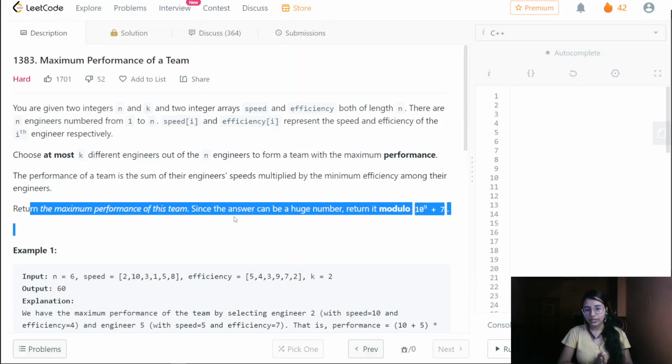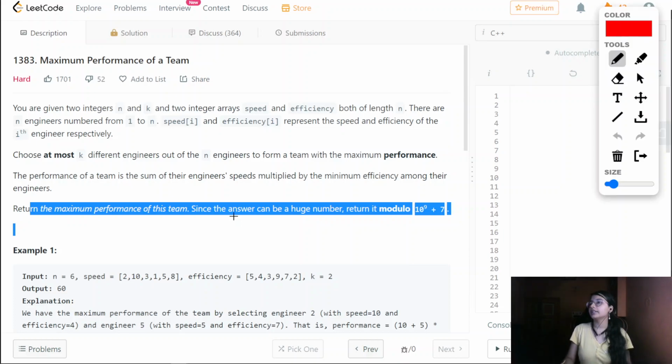As we read this question, we can see that we are given the speed and efficiency, and how performance is calculated, and that is what we are required to return. So the thing is that we are required to choose at most k different engineers, and k is given to us here, out of those engineers only, to form the maximum performance. And how is this performance calculated?